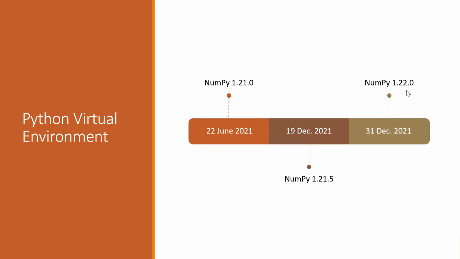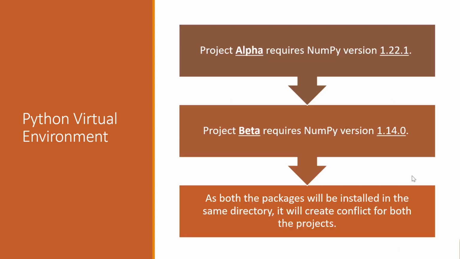Now, a problem may arise when multiple Python-based projects require different versions of the same package. Let's understand this with an example. For instance, we have a project alpha which requires NumPy version 1.22.1 and there is another project with name beta which requires NumPy version 1.14. Now as both the packages will be installed in the same directory, it will create a conflict for both the projects.